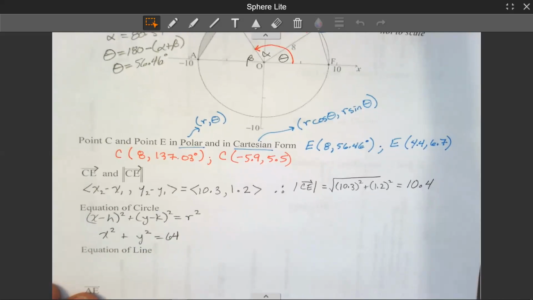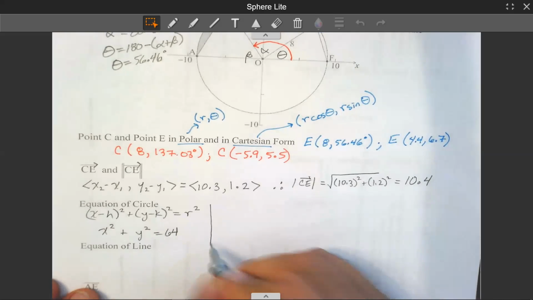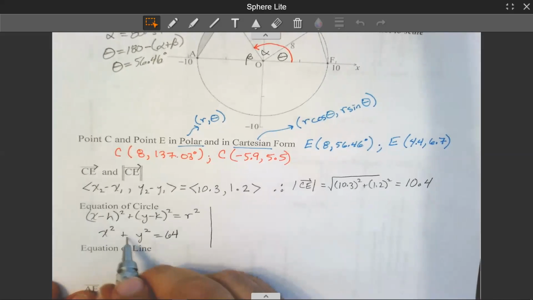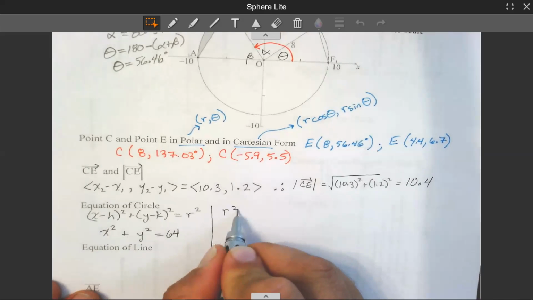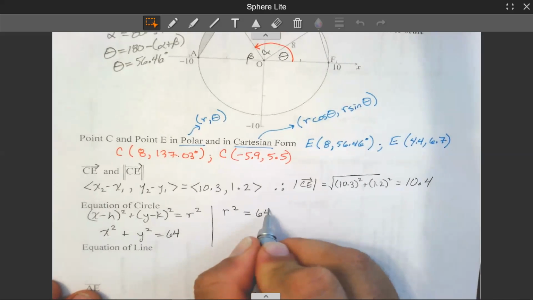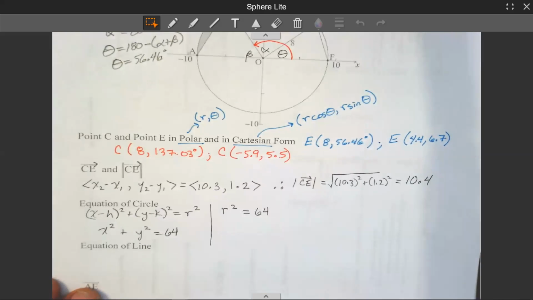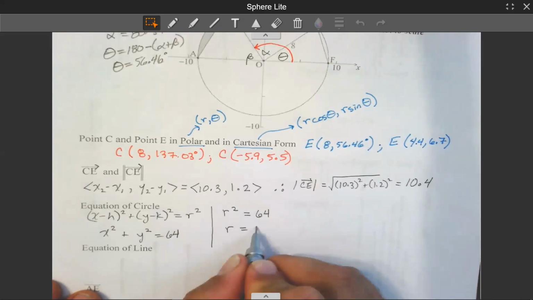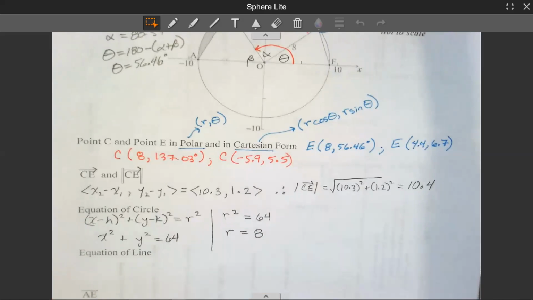Okay. Now, if we want to get to the polar form, remember that x^2 + y^2 is equal to r^2. So we could say r^2 is going to be 64. Taking the square root, r is going to be equal to 8.